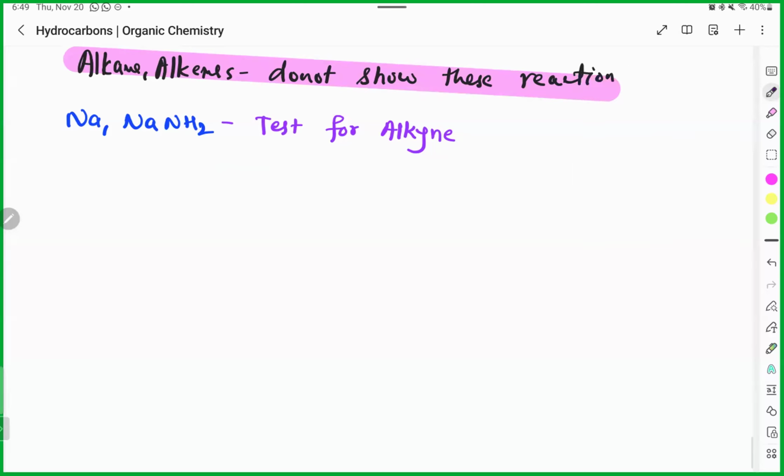Based on the GOC chapter, if you have to find out acidic character, tell me if you have three options: CH triple bond CH, CH2 double bond CH2, and CH3 single bond CH3. Which one is most acidic?